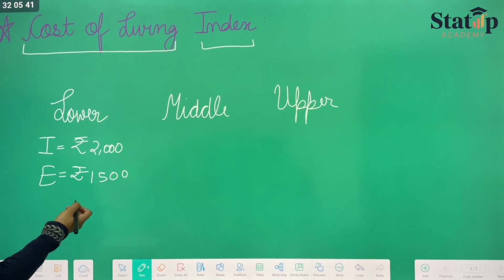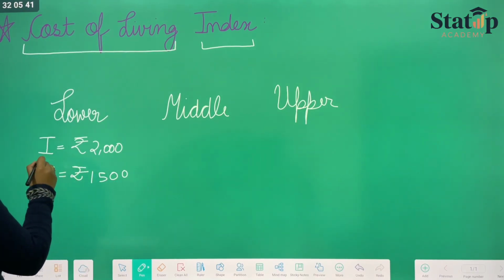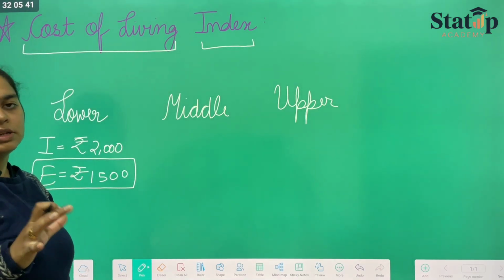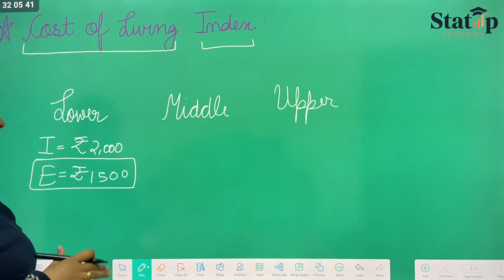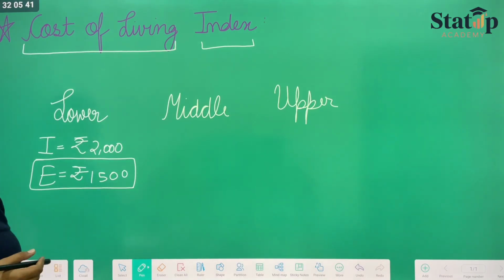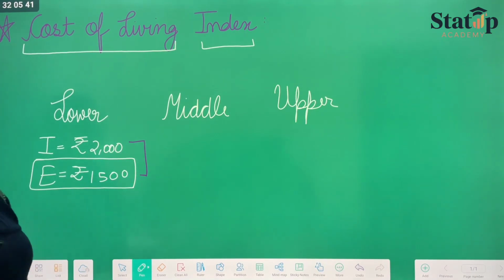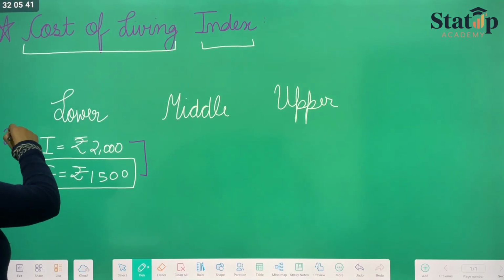So cost of living would be rupees 1500, the expenditure that he is doing on his living. That is the cost of living, and the cost of living index is the comparison between these two with respect to the base year. Suppose this is of 2024.